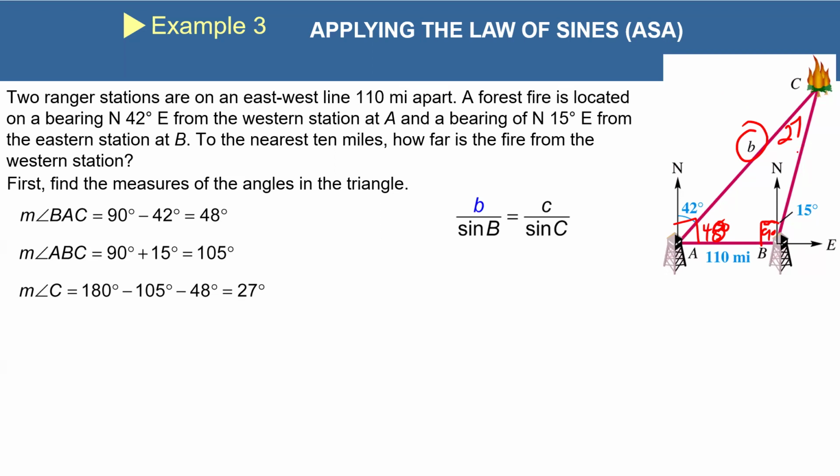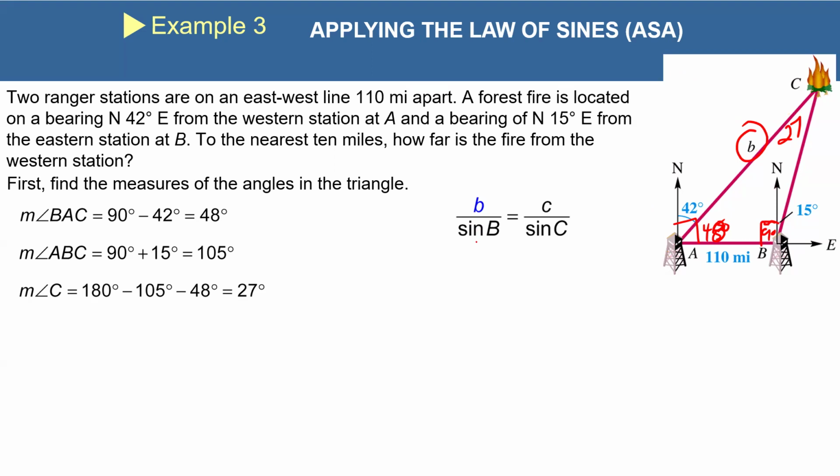Okay, so angle C and side C are my given information with the most given information, correct? They're my most original, so they're going to be my ratio that I use to solve for the missing piece. Yes? All right, and all it wants to know is the distance from the west tower to the fire. So do I have to worry about solving for the other side?